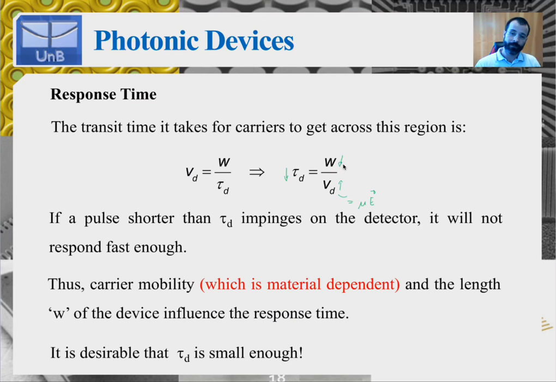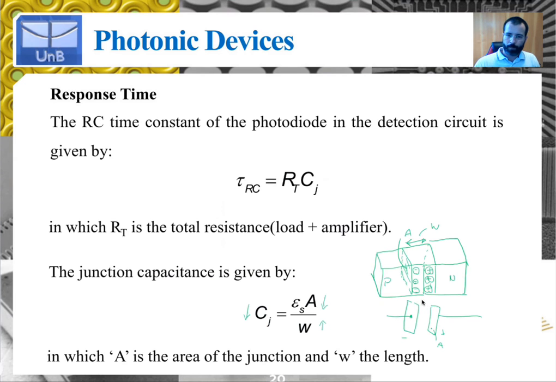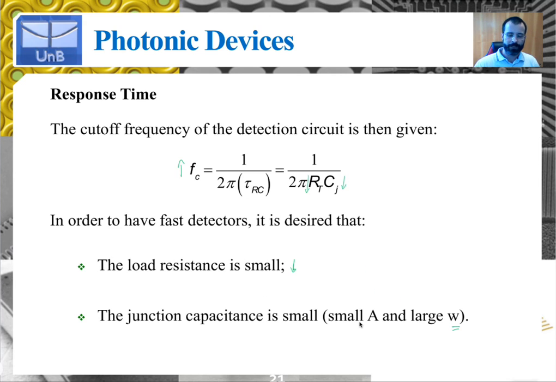So ideally we would need a small depletion region length, sometimes referred to as the width of the depletion region, but in other cases the dimension that we've pointed out here. So in order to decrease the transit time, we would ideally want to decrease this, but in order to have a small junction capacitance, we actually need to increase this. So sometimes there needs to be a compromise in order to find an optimal value for this.